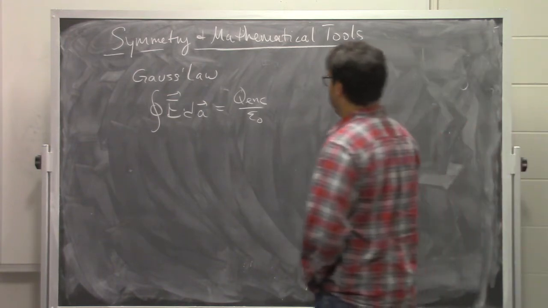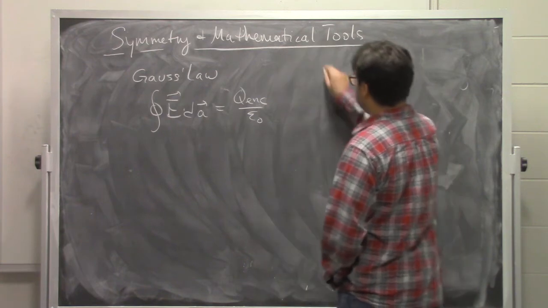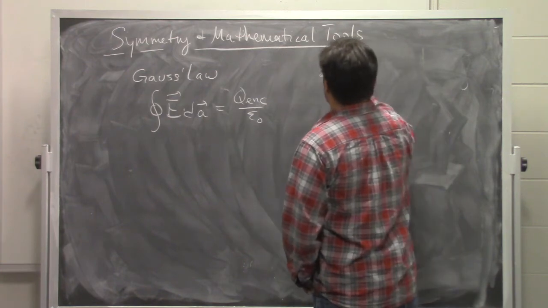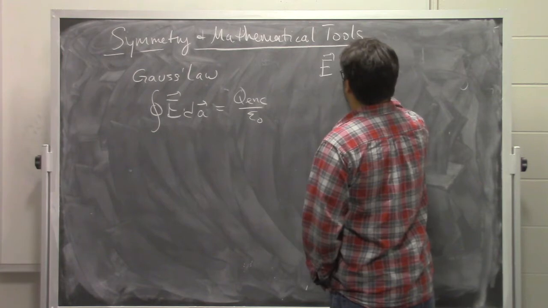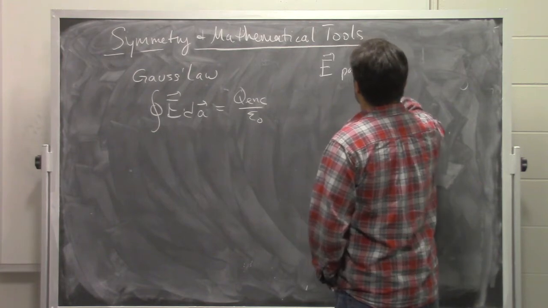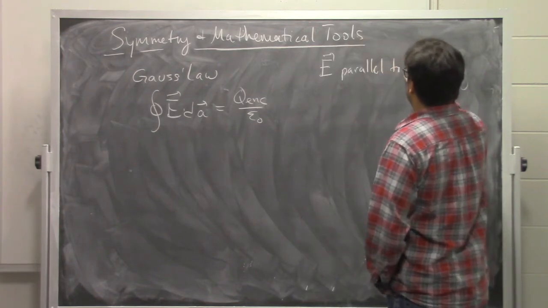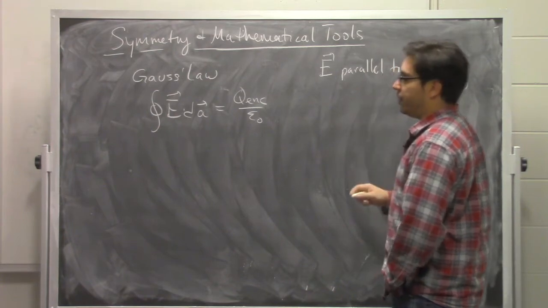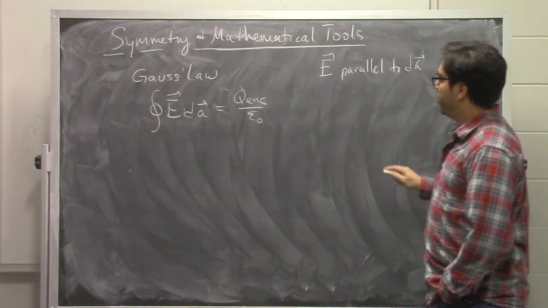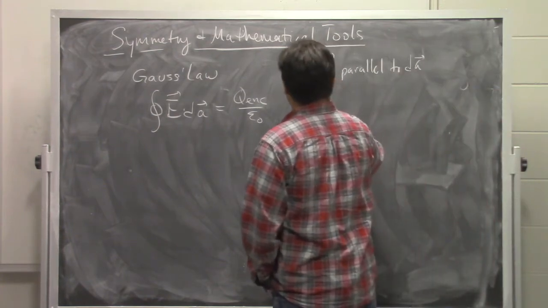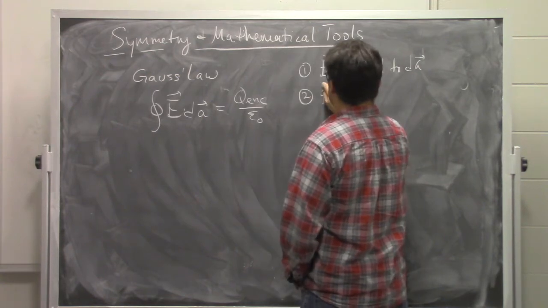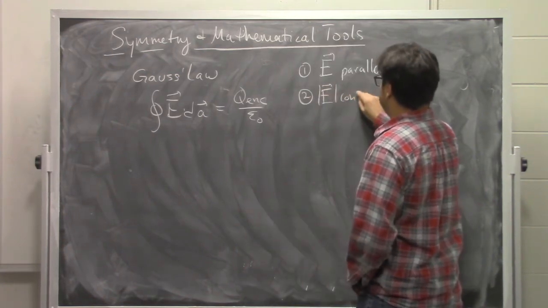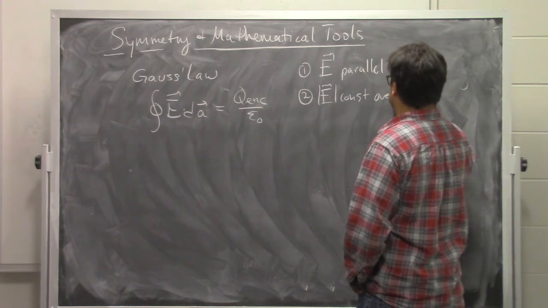In this course, what we found that was important was that, one, the electric field was parallel to the dA vector, that is, that it was perpendicular to the surface everywhere, and two, that the electric field magnitude was a constant over the surface.